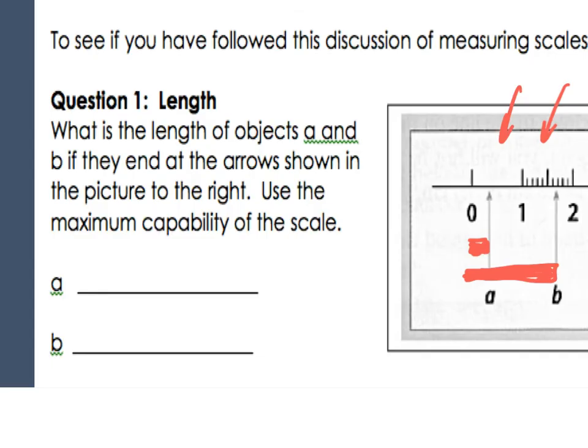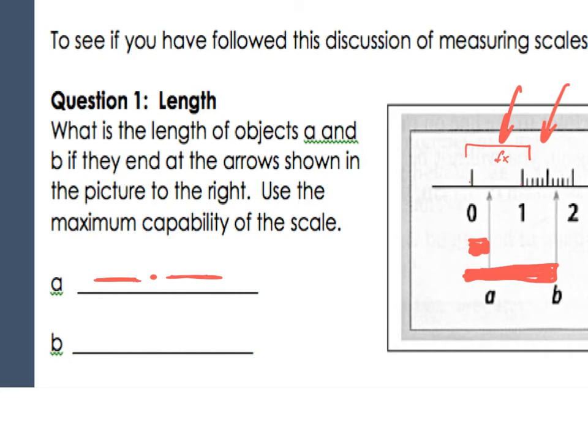All right, let's do letter A. Okay, so letter A is in this part of the scale right here. In that part of the scale, my smallest lines are going up in the ones spot. There aren't any lines that are smaller than that, so I know that I'm going to have to estimate one more digit. So smallest line is in the one spot. I'm going to estimate in the 10th spot.